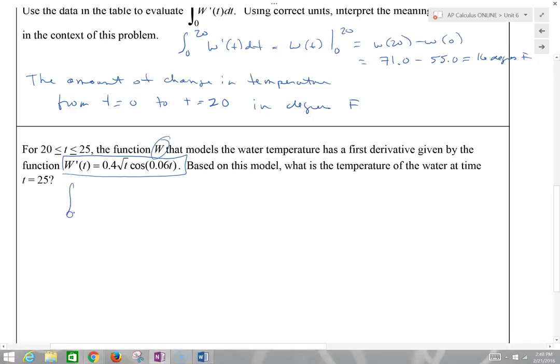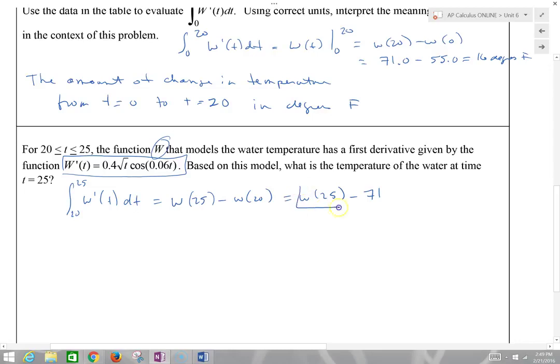So if we were to take the integral from 20 to 25 of W prime of t dt, this is going to be equal to W of 25 minus W of 20. And we don't know all of that. I believe we know 20. So this is W of 25 minus W of 20, which if you look back at the table, you get 71.0.